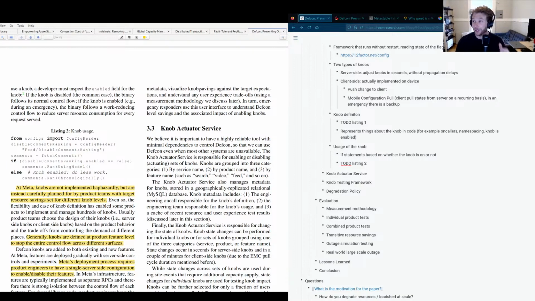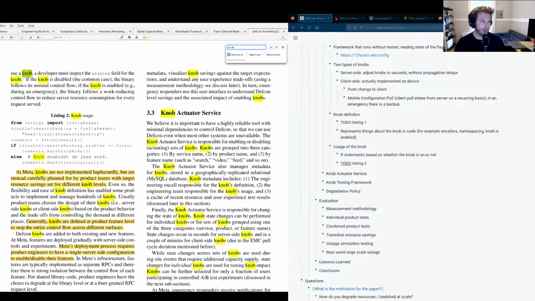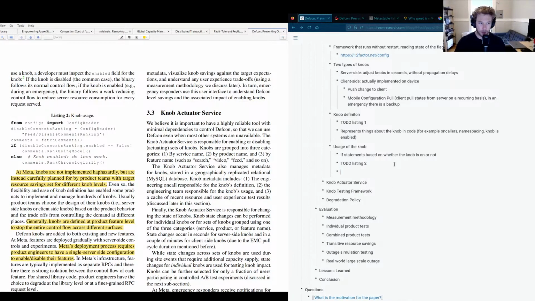A lot of references. I wonder how many usages of the word knob are in here. 193 usages of the word knob. This also integrates with the other features. Okay.